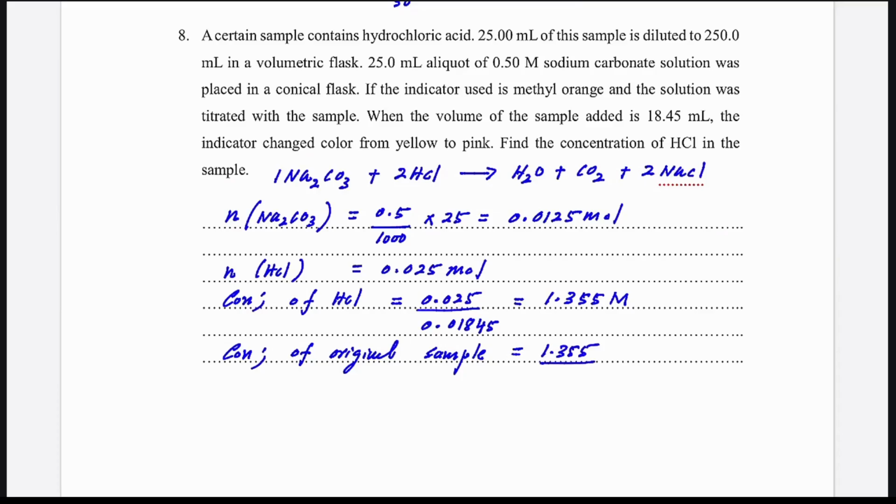That is inside 25, but originally we had 250. So what theory are we using here? C1, V1, C2, V2. So I quickly put it there. So what is the answer?